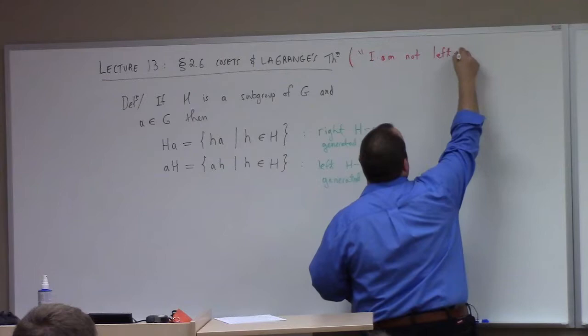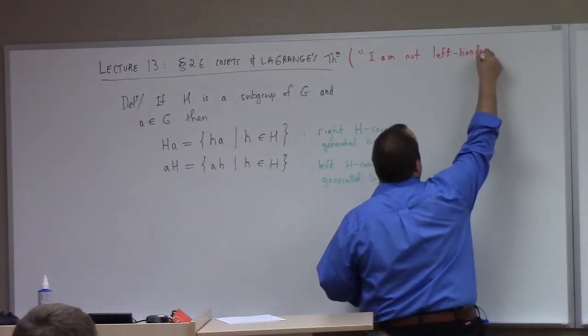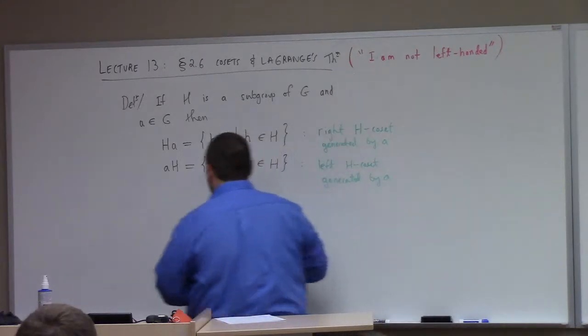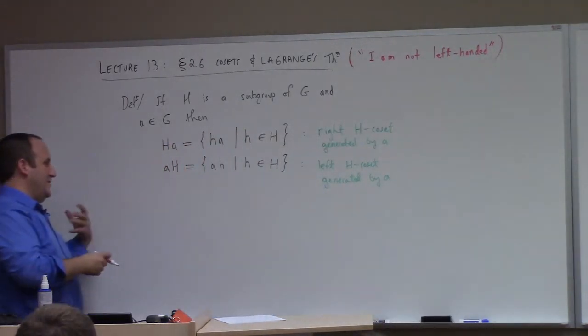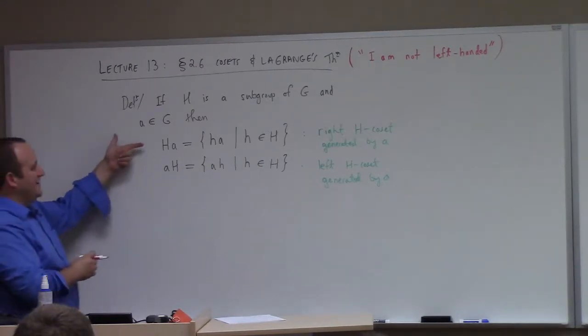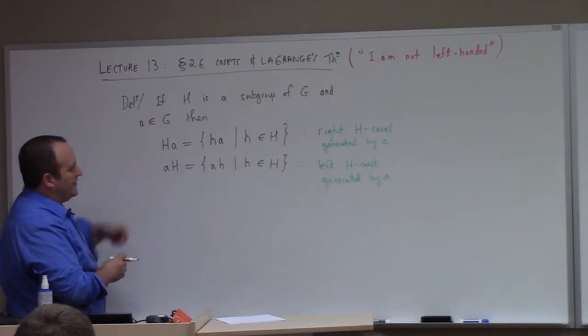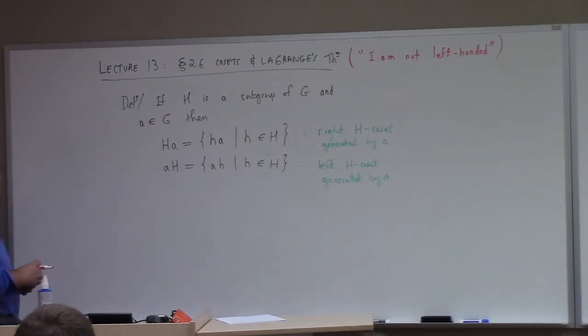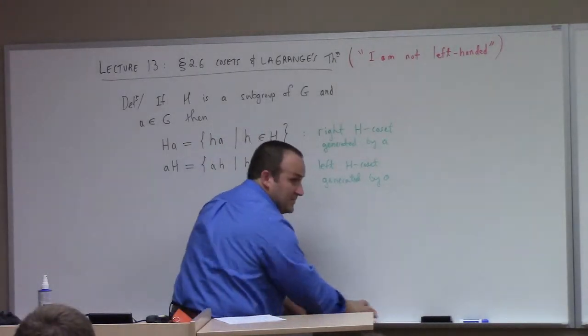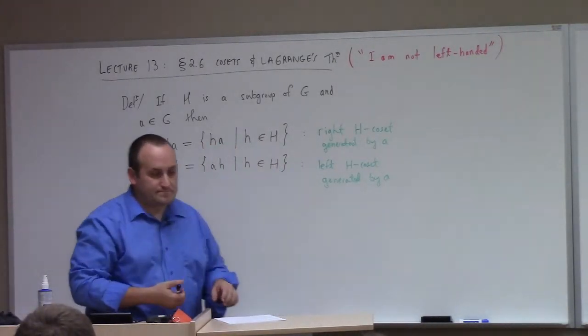This seems relevant to me because Nicholson uses right cosets, which goes against the grain for me. I'm a left coset kind of guy, but I guess he's not left-handed. He does everything with right cosets, which is fine. You can use one or the other. I will follow Nicholson and use right cosets. But if you look at stuff from last year, you'll find left cosets by and large. Okay?